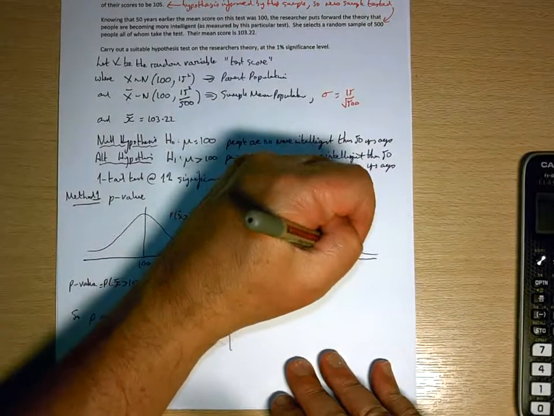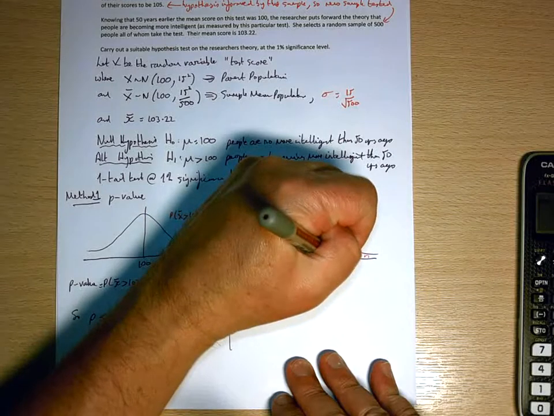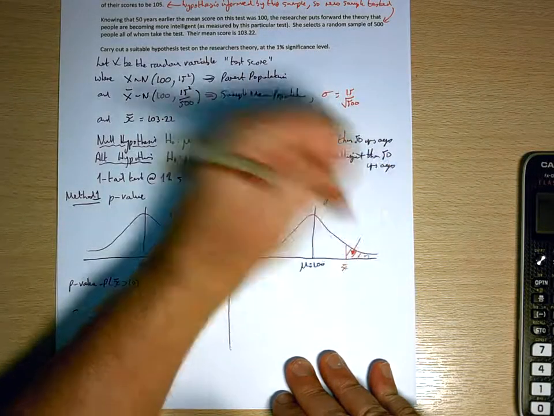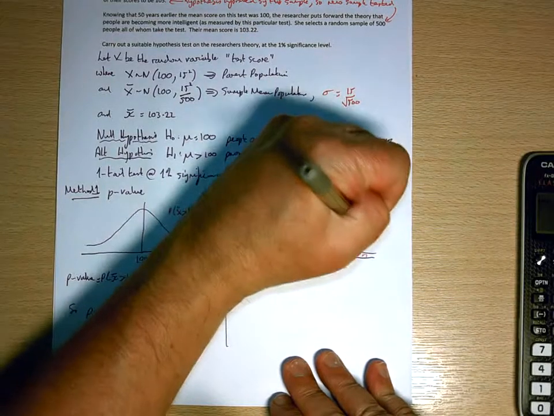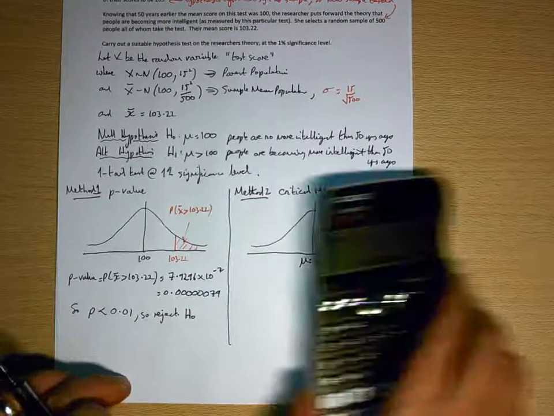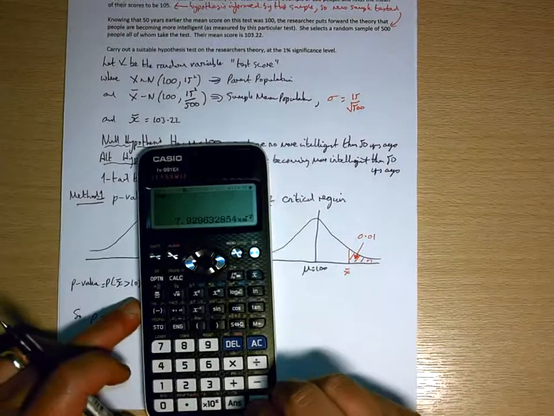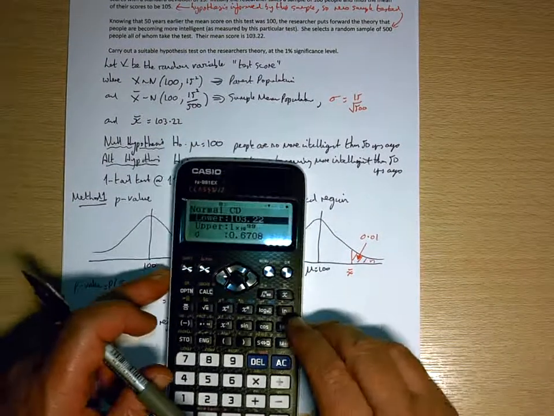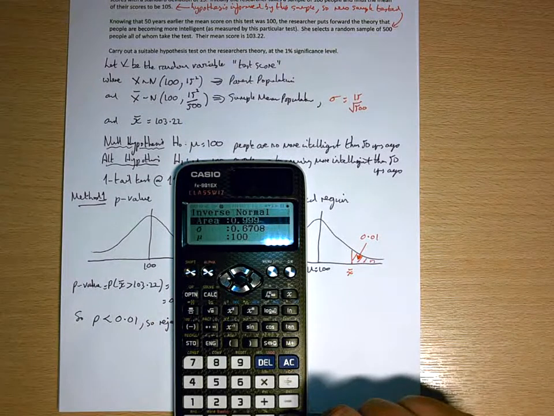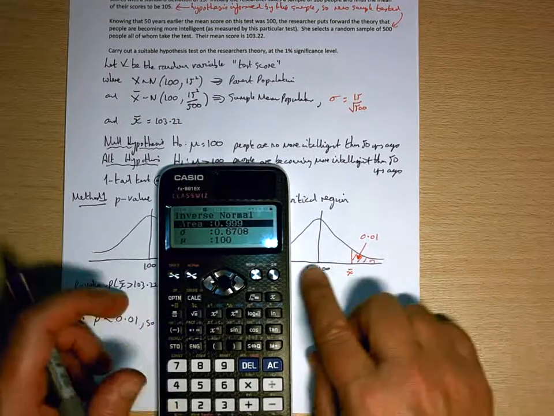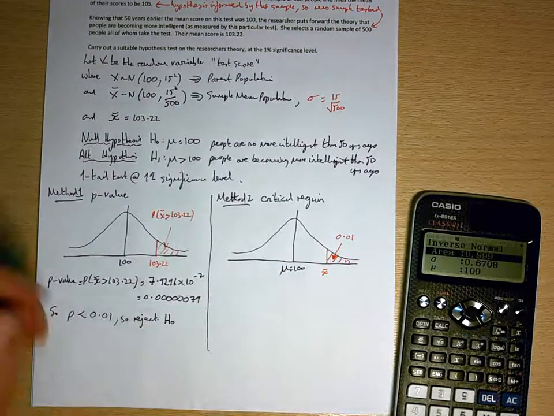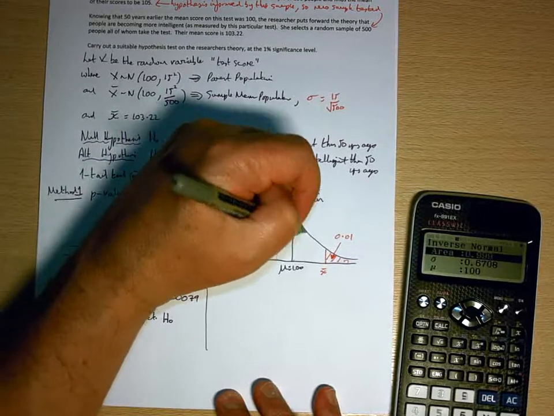This time I want to know what value of mean is going to create a region there of 0.01 or 1%. So on my calculator this time I'm going to go back to normal, but this time inverse normal, and my area is less than, so I won't make the same mistake that I made in the previous example.